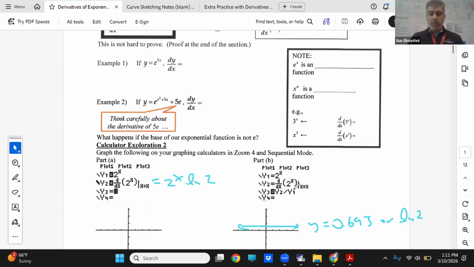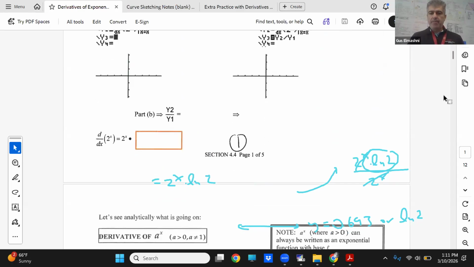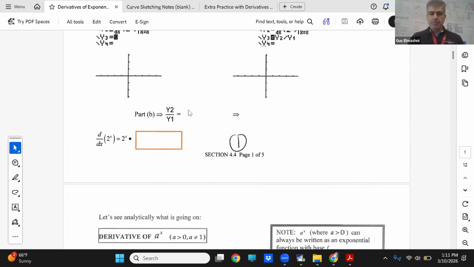So when I actually divide y2 by y1, I'm doing 2 to the x times natural log of 2 over 2 to the x. See those cancel? You get natural log of 2. So the discovery helps us to see that. Again, there's a formal derivation that goes with it. We'll get there if we have a chance. So that's what's happening: 2 to the x times natural log of 2. Can we move on to the next page?